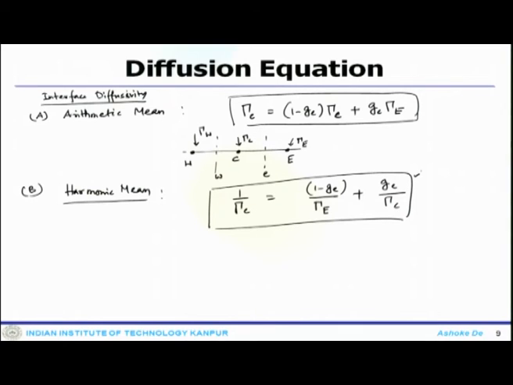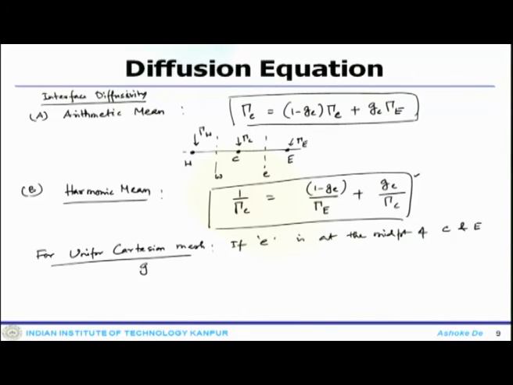So, the message here is that, for both the cases, let us say for uniform Cartesian mesh, if e is at the midpoint of C and E, then G e would be 0.5, which will lead the arithmetic mean to be gamma e is gamma C plus gamma E by half, or the harmonic mean would be 2 gamma C gamma E divided by gamma C plus gamma E. So, in the harmonic mean gamma e is like that.